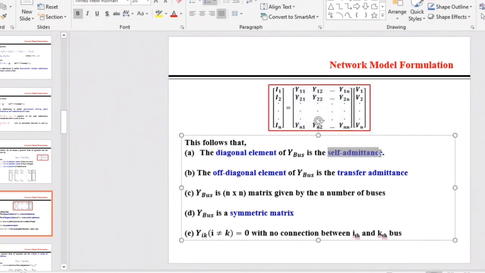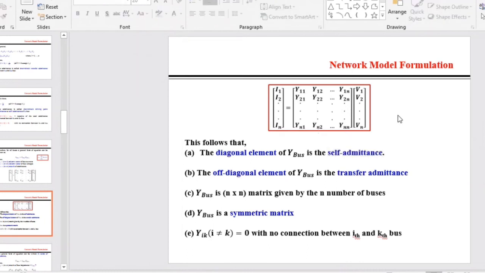And these are self admittances because they are connected to themselves. 1 is connected to 1, 2 is connected to 2, 3 is connected to 3, 4 is connected to 4, and so on. But actually it's not like 1 is connected to 1, 2 is connected to 2. It's all the admittances that are connected to bus 1.